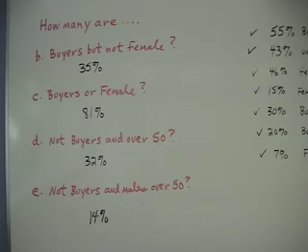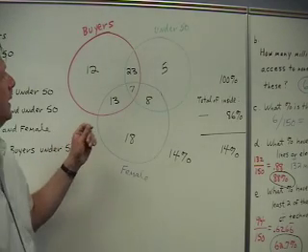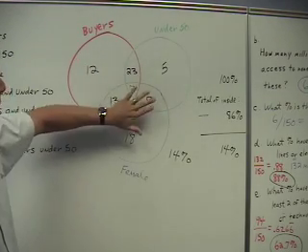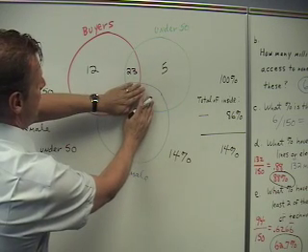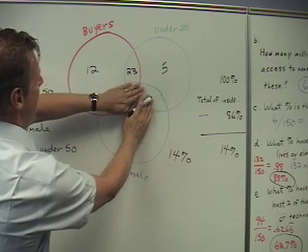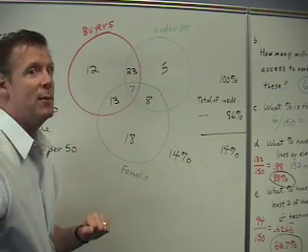So if you wanted to answer the question, how many people are buyers but not female, it came out to be 35%. That's because if you're a buyer but you're not female, you're none of these, but you are a buyer. Do you see what's left in the buyer circle? 12 plus 23. That gives you 35%.